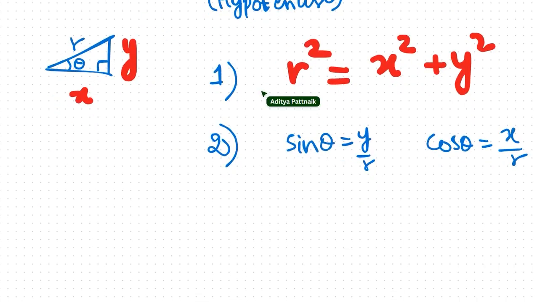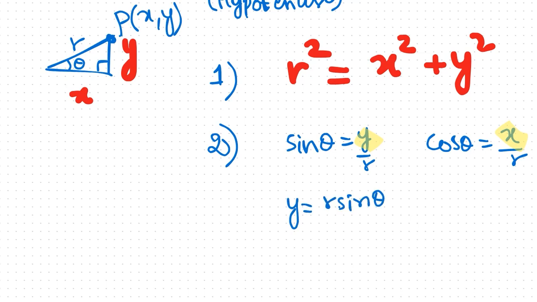So when we talk about the coordinates, it is x and y, coordinates of that point. Let's say this is point P. So x and y are important. So there are formulas. y is equal to r sine theta. x is equal to r cos theta.